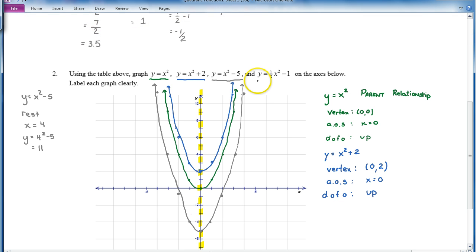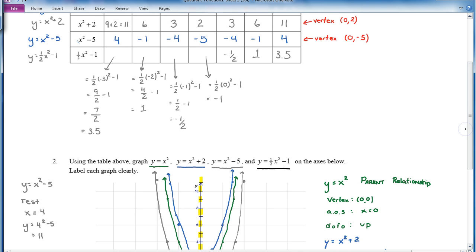So this last one is a little bit different in that it has an a term in front. So let's do this one using the table of values.